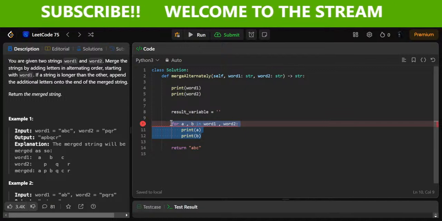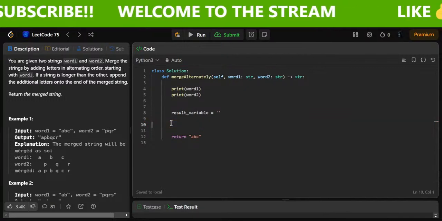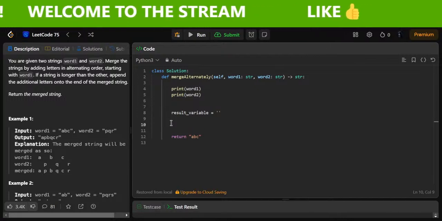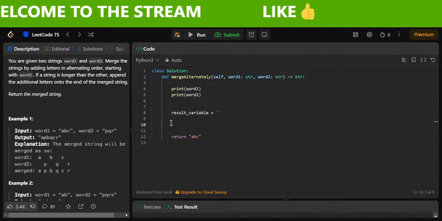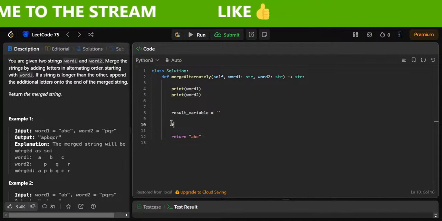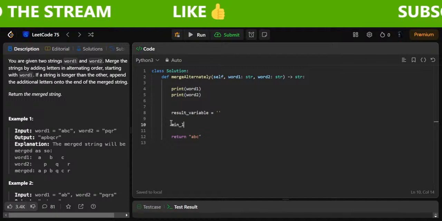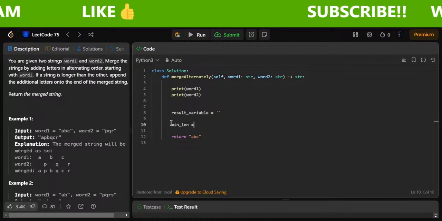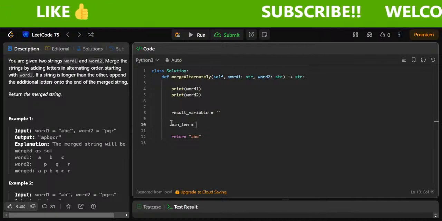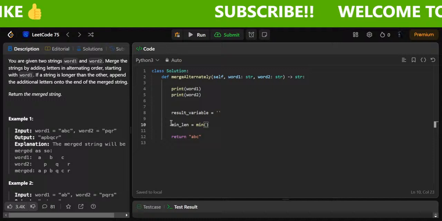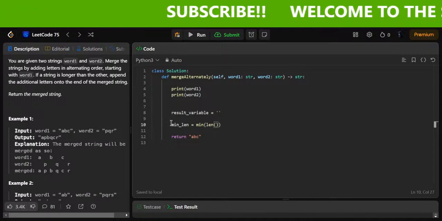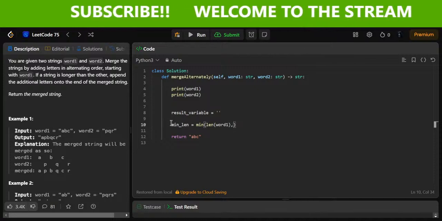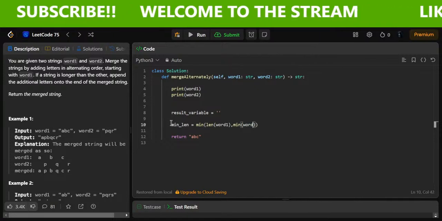So the thing we need to do now is see which of them is shorter, so that the for loop will end quickly. So before that, min len equal to the min of len of word 1, comma, len of word 2.